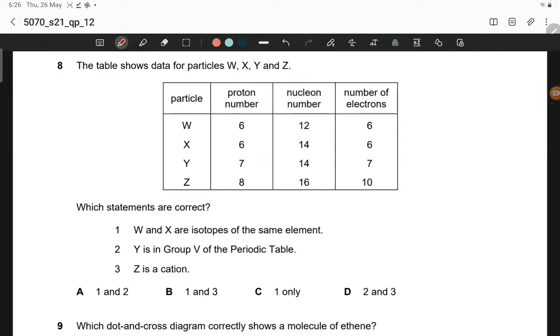This is W, 6 and this is X, 6, 14 and 6.